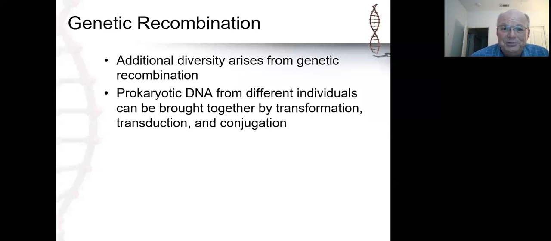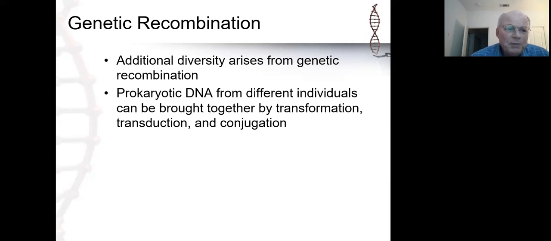And it was the recognition that transformation could occur that should have been an indication to the biologists of the day that DNA was a potential candidate as the molecule of inheritance, even though people were thinking it was probably protein at the time. So transformation is all about transferring existing DNA from one bacterial strain to another bacterial strain.